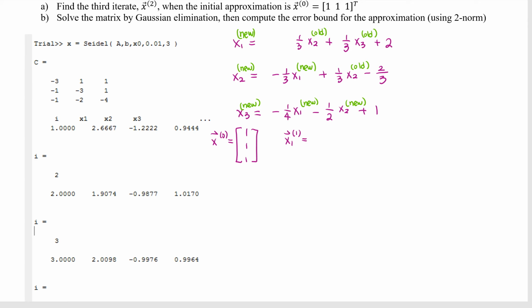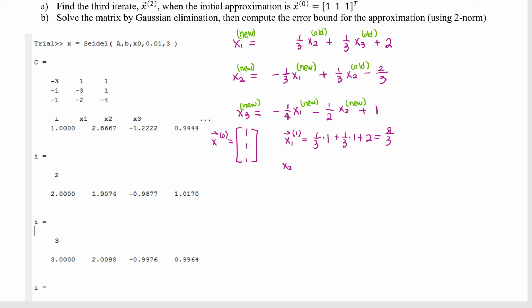So this is 1/3 times x2 old, which is 1, plus 1/3 times x3 old, which is also 1, plus 2. So 1/3 plus 1/3 is 2/3, plus 6/3 is 8/3.